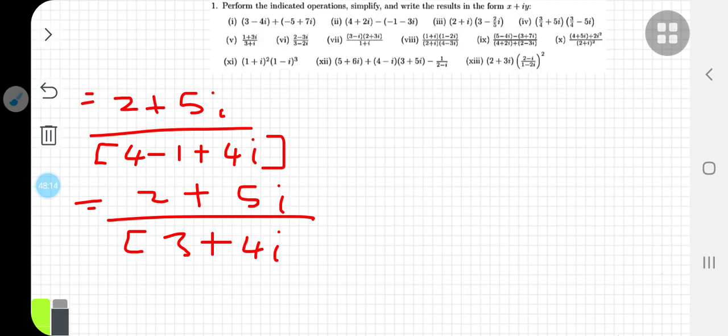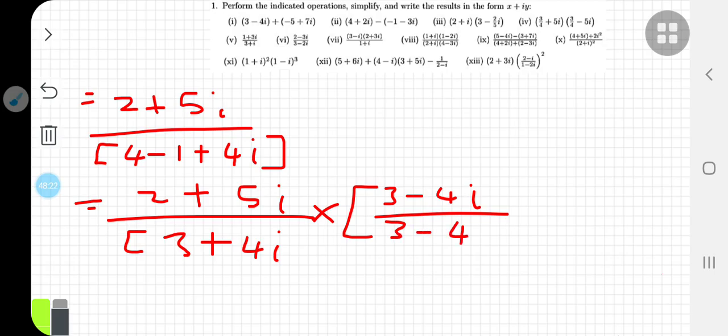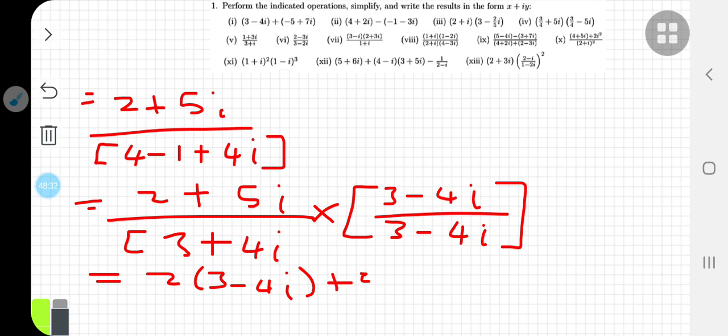Then I'll multiply it with its conjugate. I'm going to have 3 minus 4i over the same thing, 3 minus 4i. From here I'll multiply 2 multiplied with 3 minus 4i plus 5i, also multiplied with 3 minus 4i.